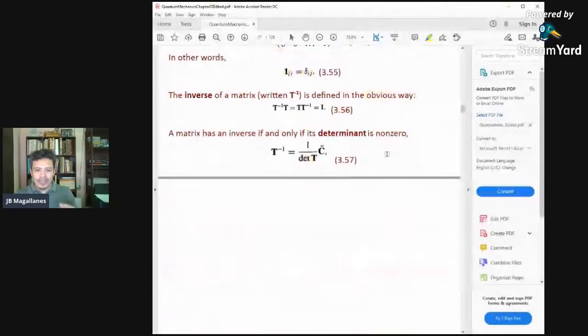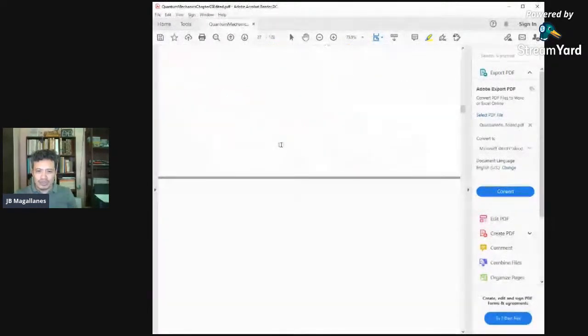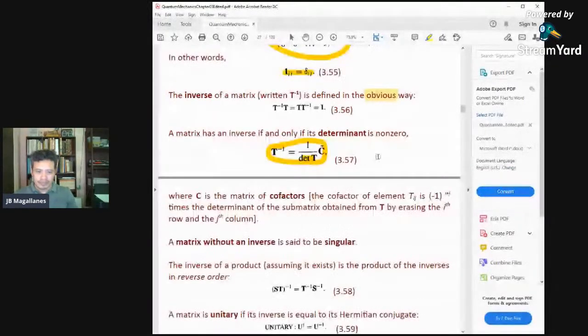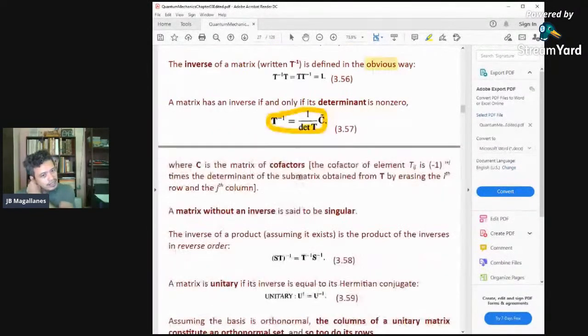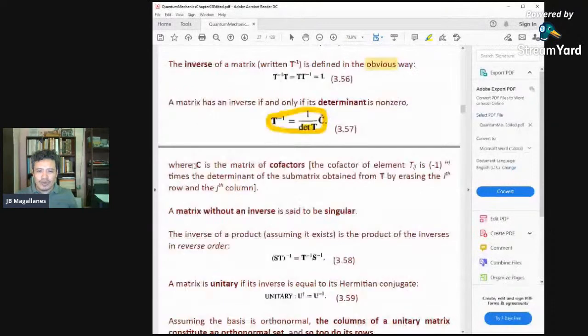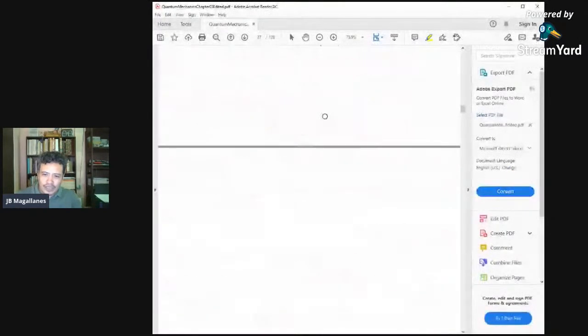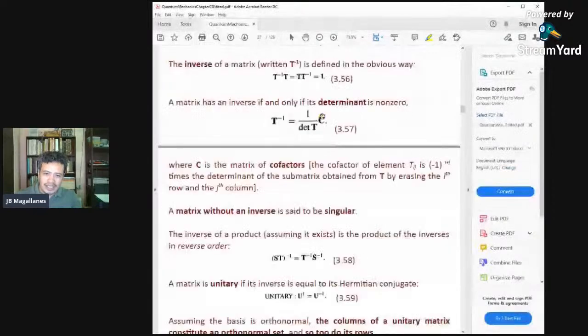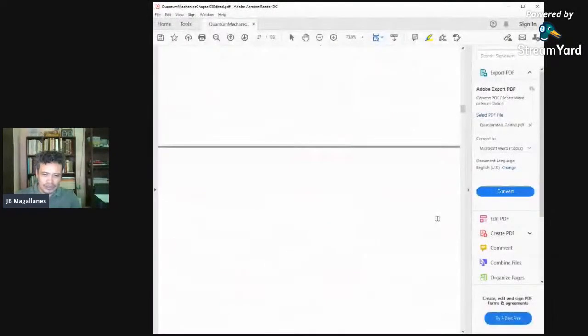So you can find the inverse by using this formula. The C there is the matrix of cofactors, but in the formula you have to find the transpose of the C. So this is the condition for the C or the cofactors.